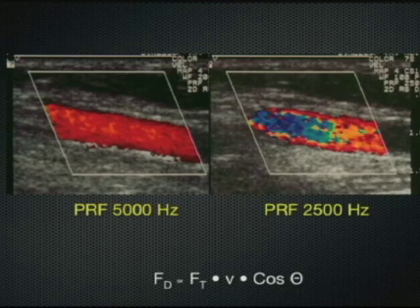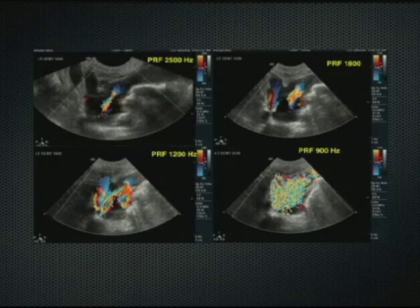On the left, the pulse repetition frequency is very high, 5,000 hertz, and as a result, the highest frequency shifts displayed in the pixels that constitute this image are all mapped in the red end of the color display, whereas on the right, the pulse repetition frequency is 2,500 hertz, and in this case, the highest frequencies, which are in the center of the vessel, are aliased and wrap around to the other color display. This can have considerable clinical importance.